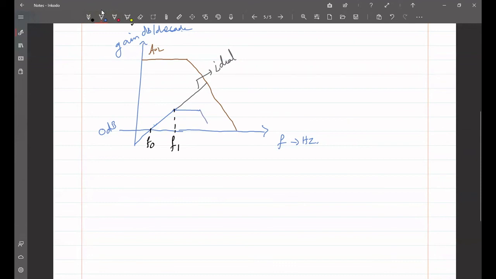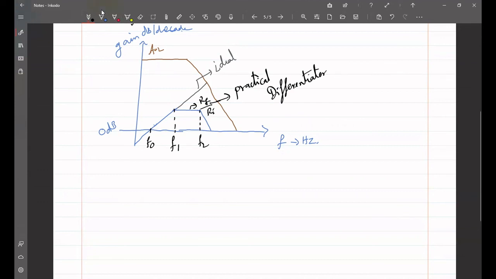After that, the gain will reduce by 20 dB and come back to 0. So the maximum cutoff frequency will be considered as F2. This gain reduction is due to the value of RF by RI. So this is for the practical differentiator.